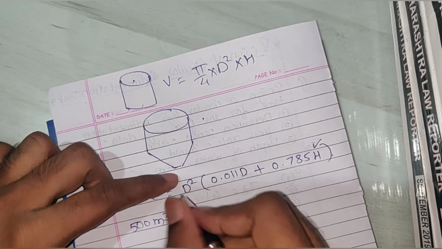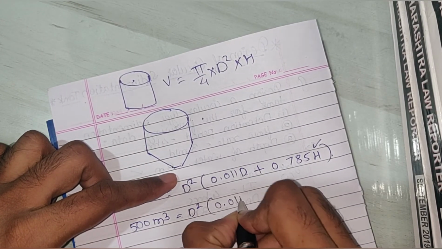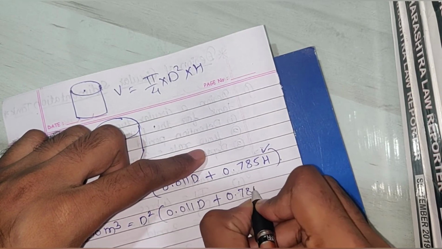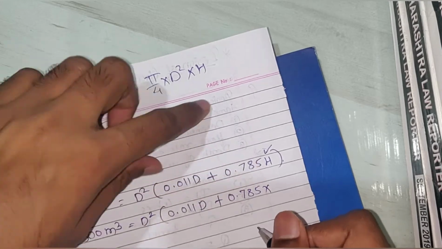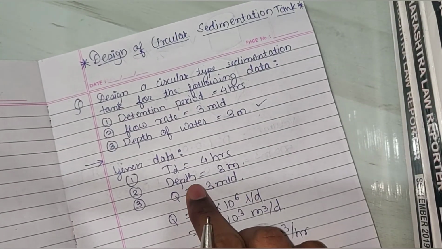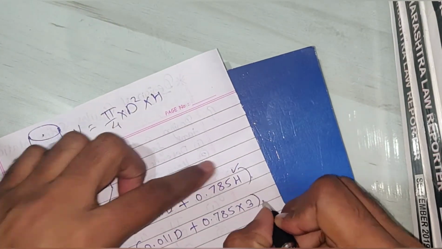Then for the diameter, let's put it as it is, 0.011 d plus 0.785 into h. The h value is the depth of the sedimentation tank, which is 3 meter, into 3.